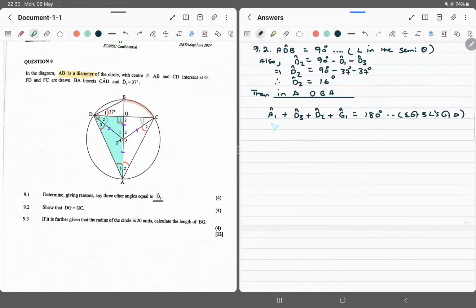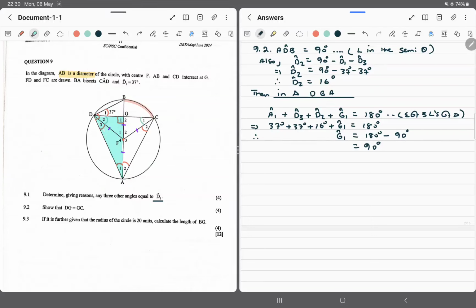Now A1 is 37 degrees, D3 is 37 degrees plus 16 degrees plus G1 is equal to 180. We can say therefore angle G1 is going to be 180 minus the sum of those angles, 37 times 2 plus 16 is 90 degrees. Holy cross. Which is definitely 90 degrees.